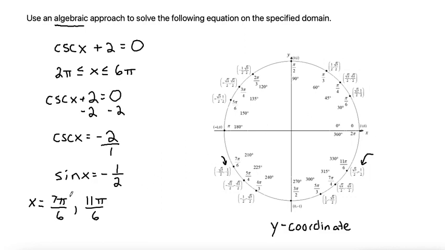So we would need to take these answers and add 2 pi to them to make the next coterminal angle going all the way around the unit circle again.